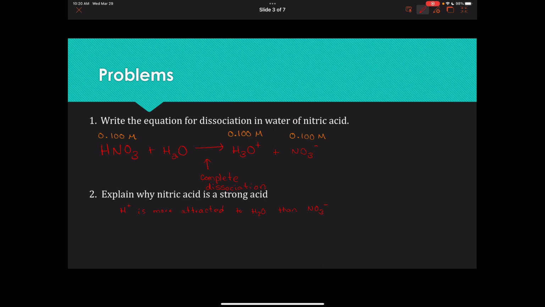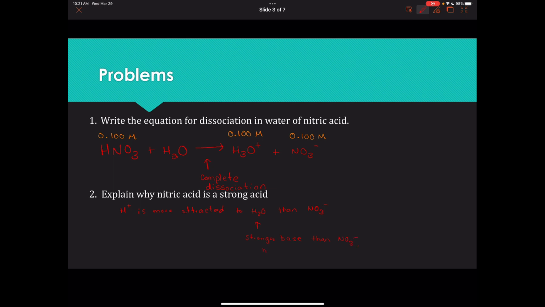Now, for that water to accept that hydrogen or for that nitrate to try to take the hydrogen back, they have to be bases. So in reality, what's happening here is that the water is a stronger base than the nitrate.